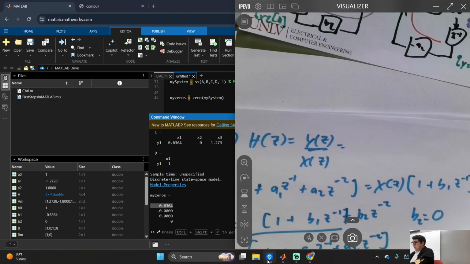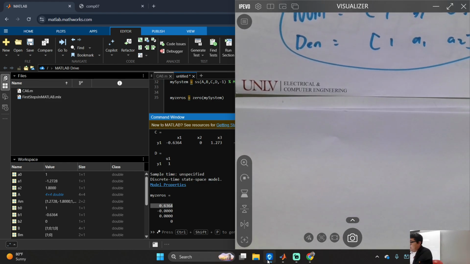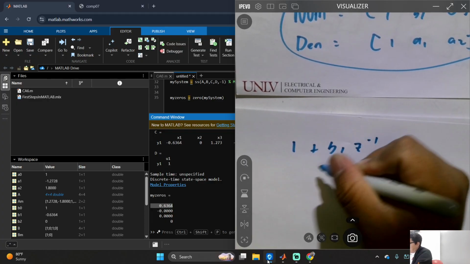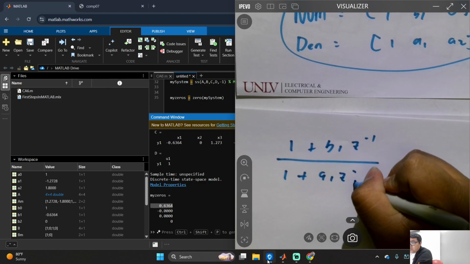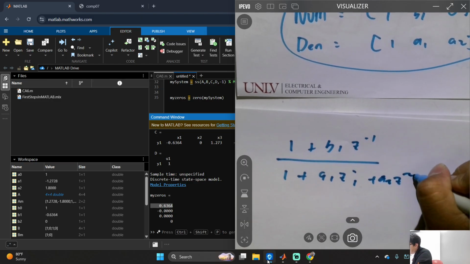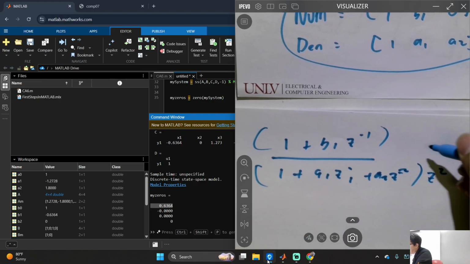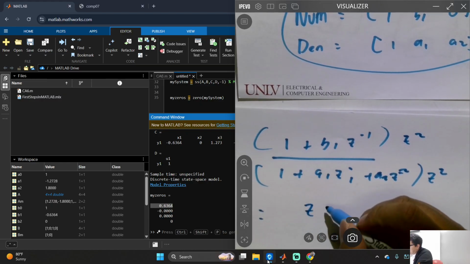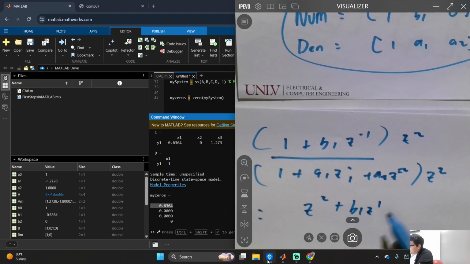Does everyone understand what I'm trying to do? Let me do this next page. Okay, 1 plus b1 z minus 1, over 1 plus a1 z minus 1 plus a2 z minus 2, right? But if I multiply the top and the bottom by z squared, I'm going to get z squared plus b1 z minus 1, right?